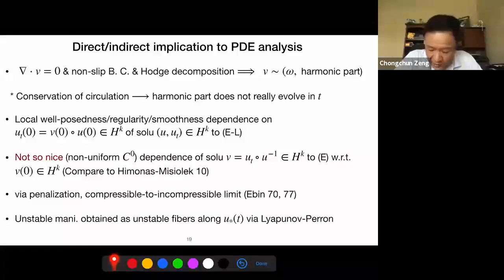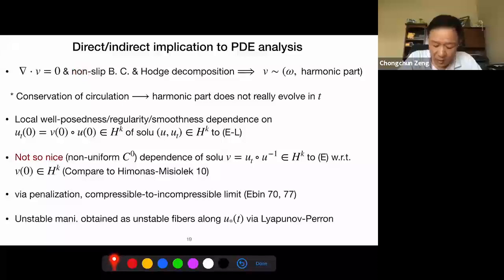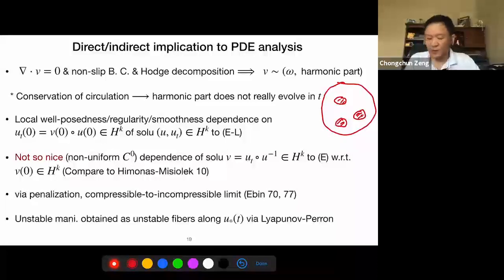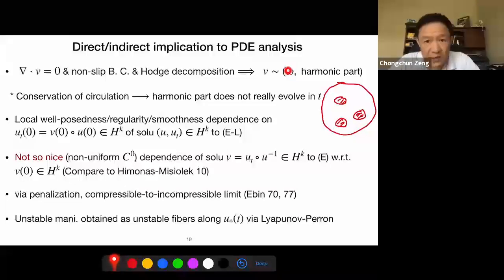First, when we have a velocity field which is divergence free and satisfies the non-slip boundary condition, you apply the Hodge decomposition to the velocity field. You can see that the velocity field is largely determined by two things. One is the vorticity. When the domain has multiple components, so if this is the domain, but it might have holes, then the vorticity does not immediately determine the velocity completely.